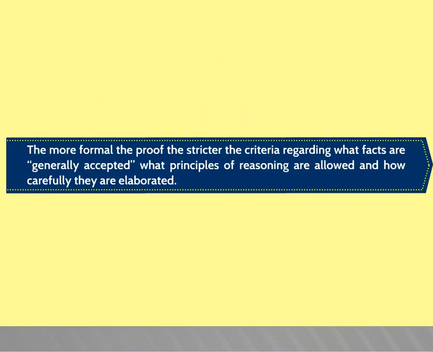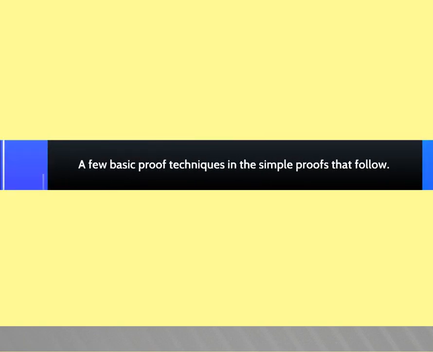The more formal the proof, the stricter the criteria regarding what facts are generally accepted, what principles of reasoning are allowed, and how carefully they are elaborated. A few basic proof techniques appear in the simple proofs that follow.